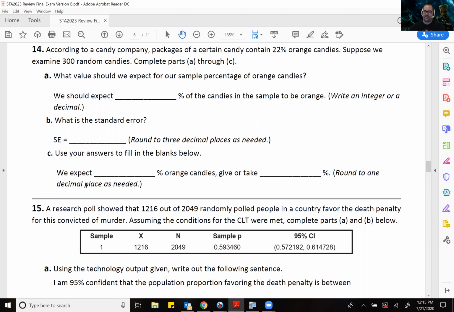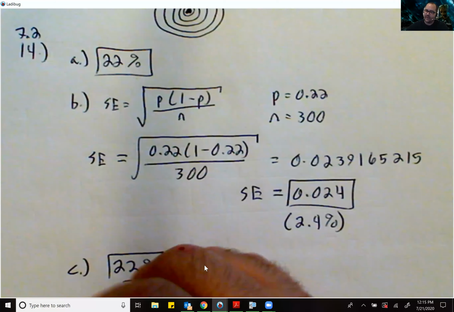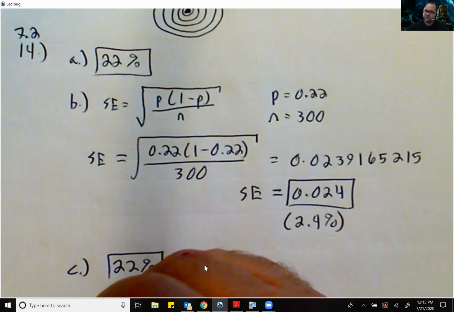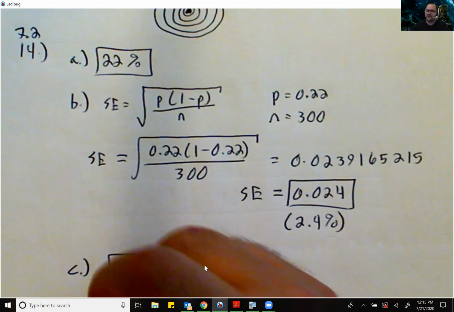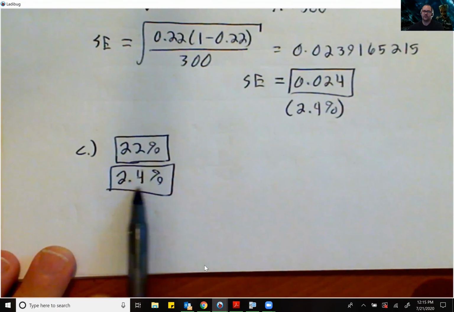So if you rounded to 3 decimal places already from part B, when you turn this into the percentage, as I showed you here, it already is to 1 decimal place. So in that second blank, you're going to put 2.4%. So the first blank is 22%, second blank is the 2.4%. And there you go. There's number 14.